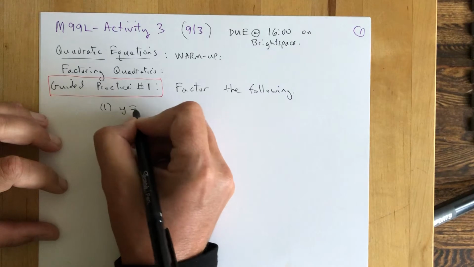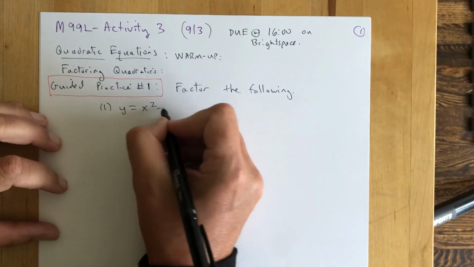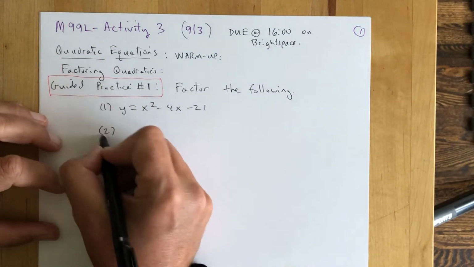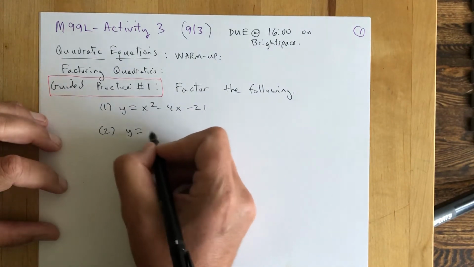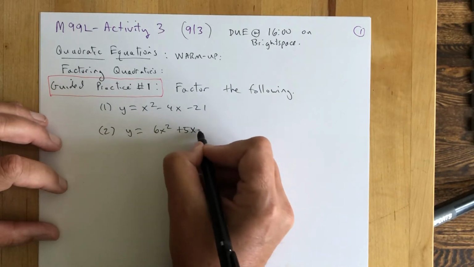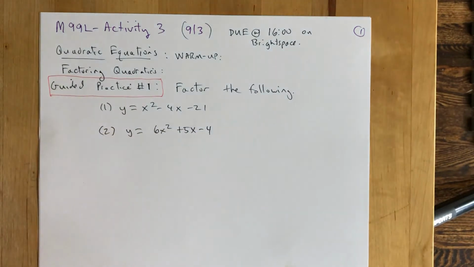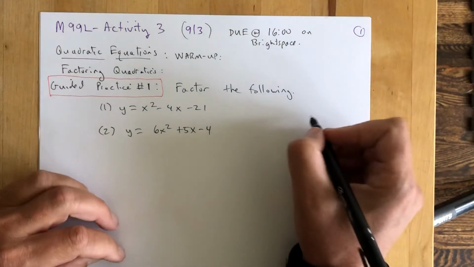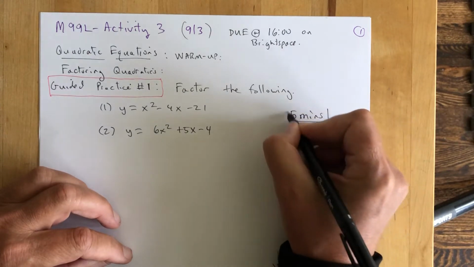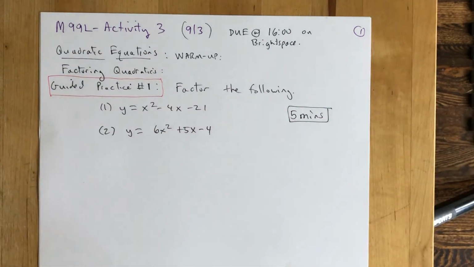One, y equals x squared minus 4x minus 21, and 2, y equals 6x squared plus 5x minus 4. This should maybe take you, what, 5 minutes at most. So just have a go at these two, and pause the video and then come back in 5 minutes.